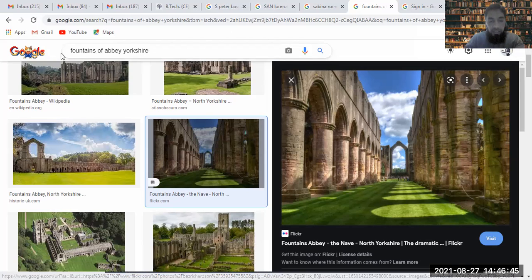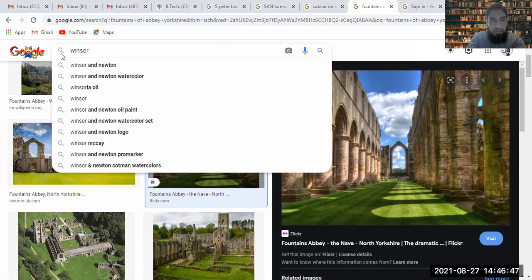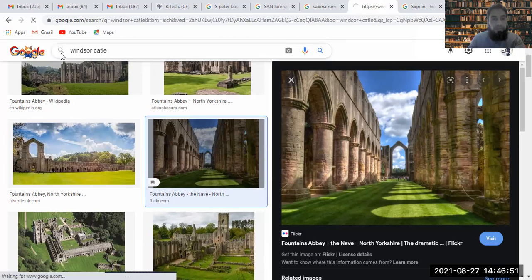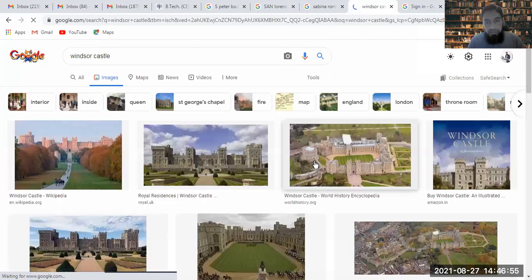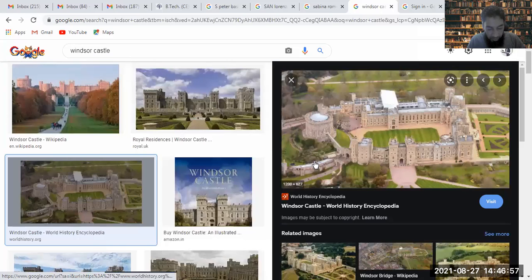Then there are castles in Britain. One is the Windsor Castle. This one.